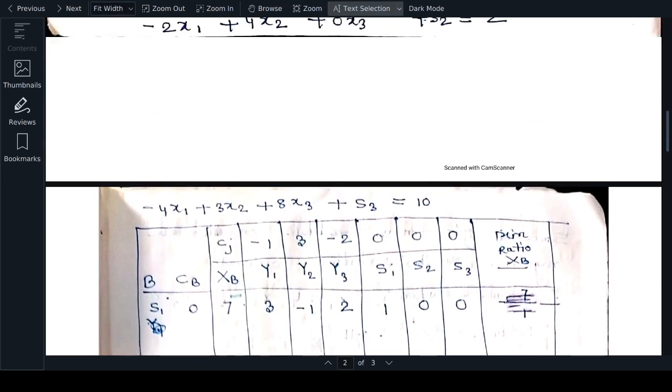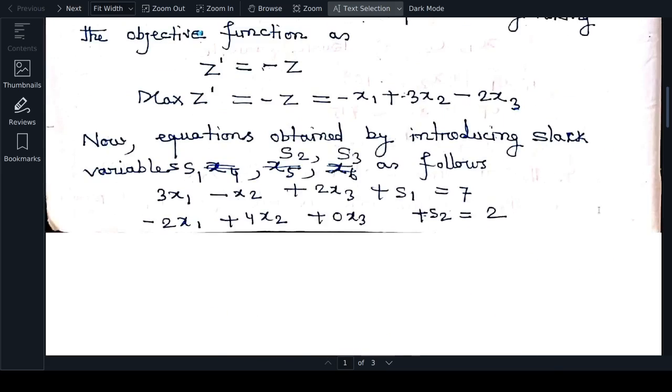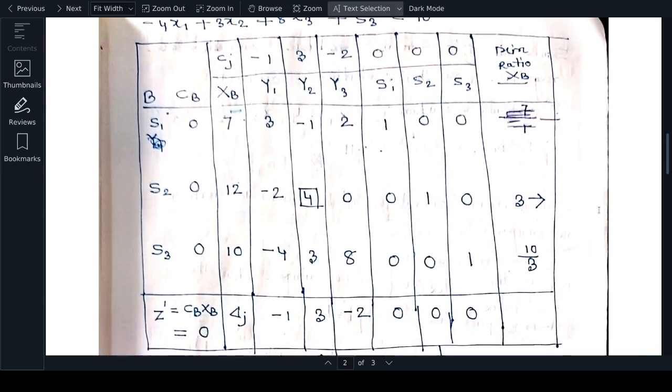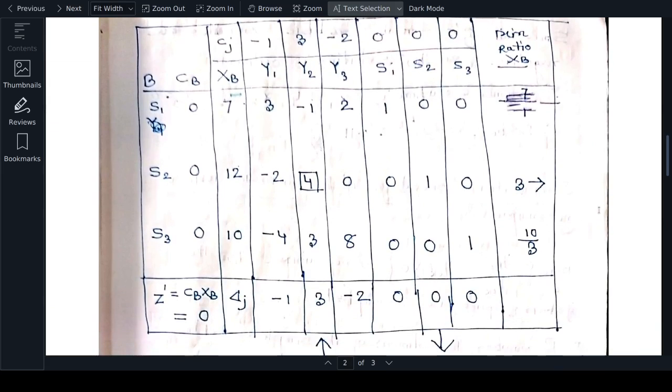You see for which variables you will get an identity matrix. For S1 we get 1 0 0, for S2 we get 0 1 0, for S3 we get 0 0 1. So S1, S2, S3 we cannot consider 0; we consider x1, x2, x3 equal to 0.